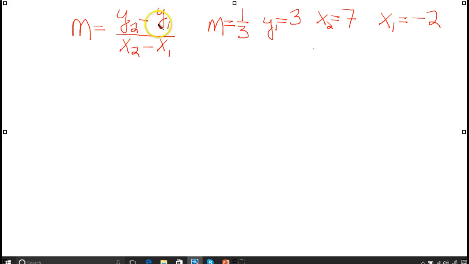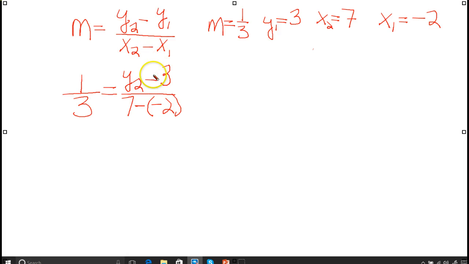X sub 2 is 7 right there, and then in the formula there's a negative, but x sub 1 itself is a -2. So we'll give you a moment and we'll circulate to see if you can substitute this into this formula.